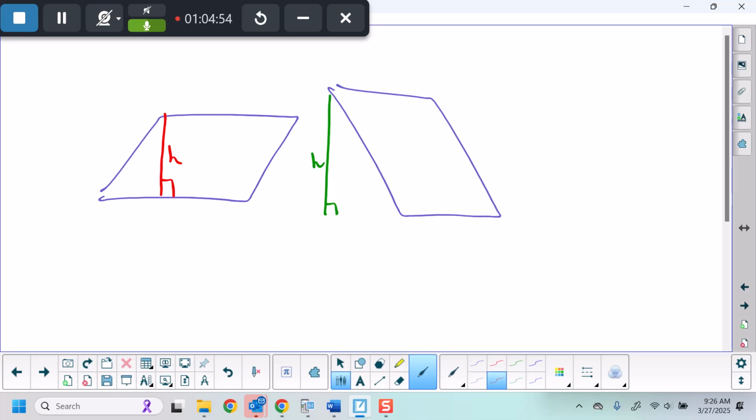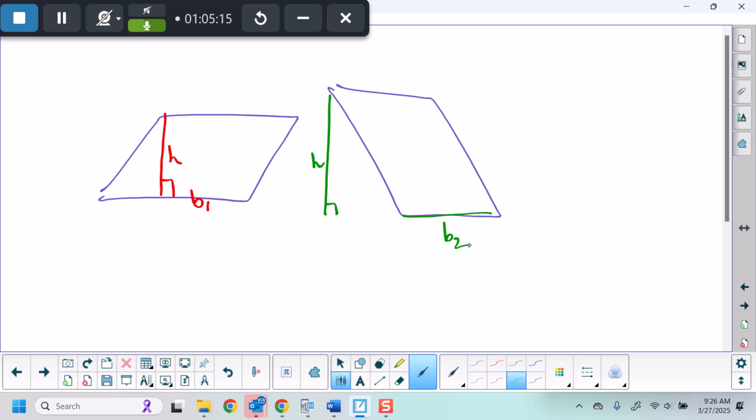So if I'm talking about this base 1, this becomes this base 2.